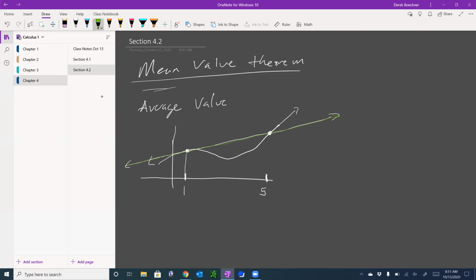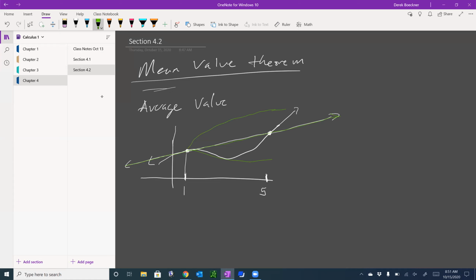If I start here and I end here, if I never go at least this fast and at most this fast, then I can't get from here to here, right? If I always go too fast, I'll end up up top. If I always go slower than that slope, I'd go too low, right?